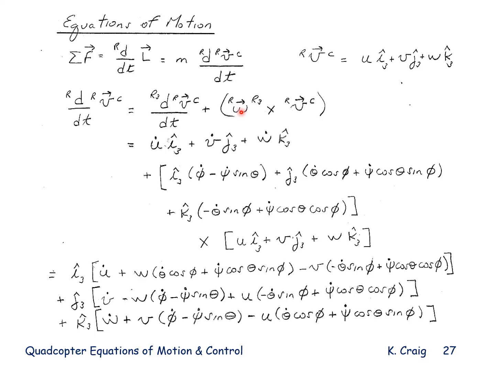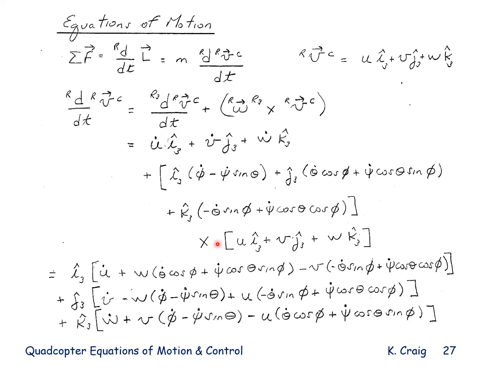It's the angular velocity of R3 and R. And I cross that with a vector cross product of the absolute velocity of the CG in the grounded reference frame. So here's the angular velocity of R3 and R expressed in the unit vectors of the body fixed axes, crossed with the absolute velocity of the CG expressed in the body fixed coordinate system.